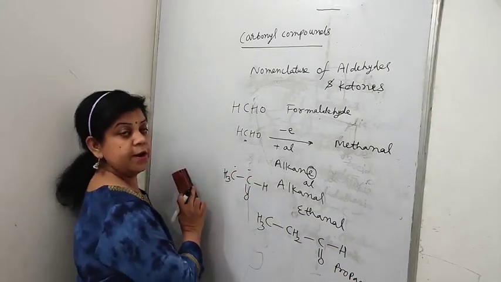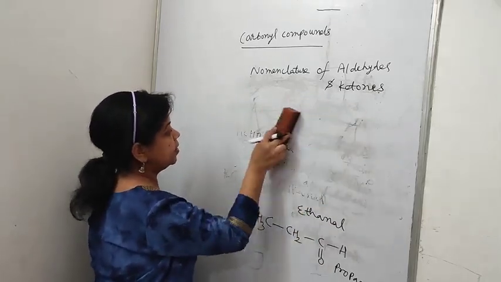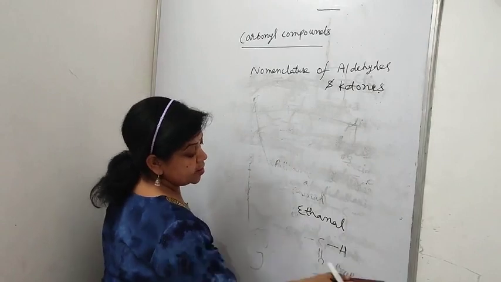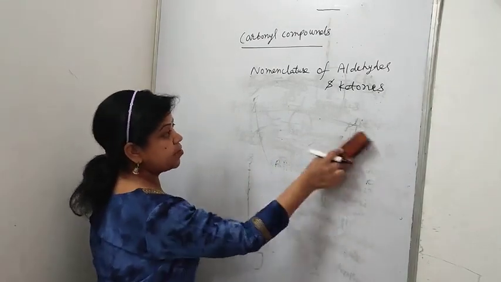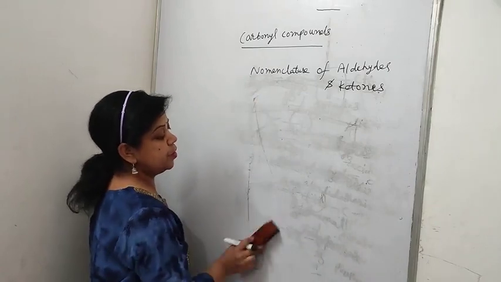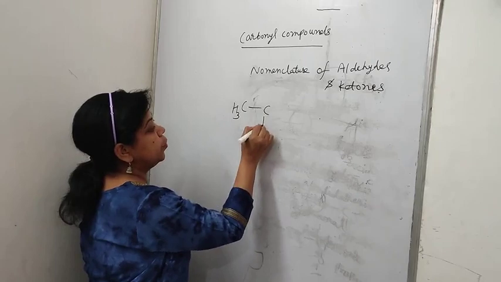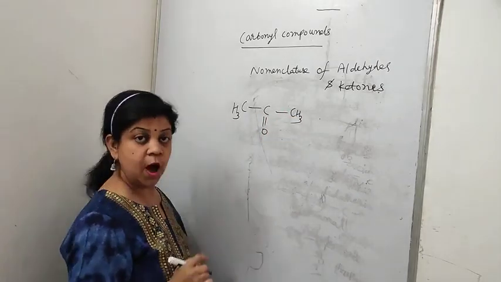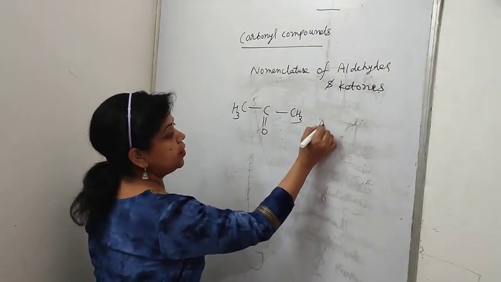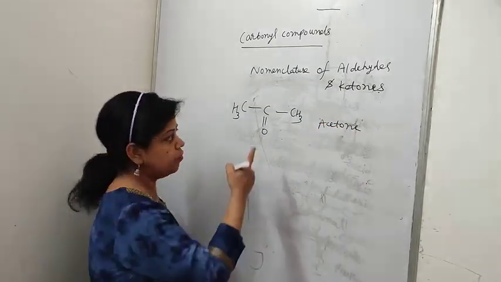Yes, students. Now let's start the naming of our second category, that is ketone. And we have already studied the simplest ketone is acetone, which is a 3 carbon ketone. So how can we give its IUPAC name? Commonly it is known as acetone, which is a very important laboratory solvent.